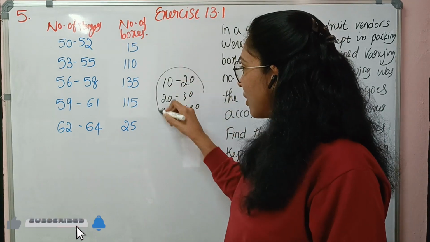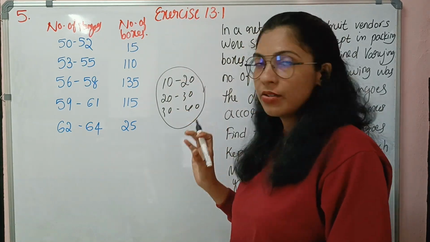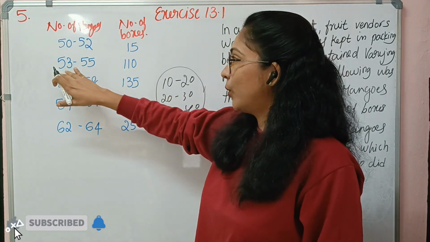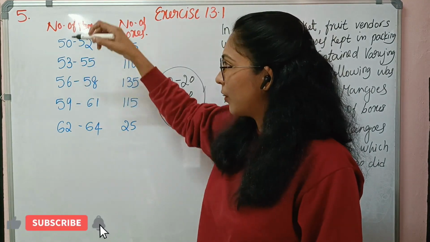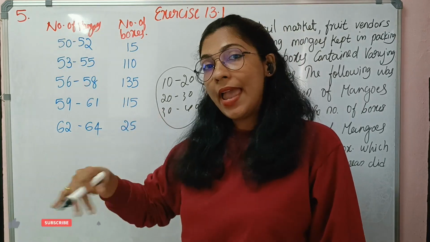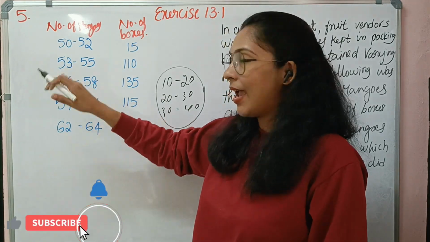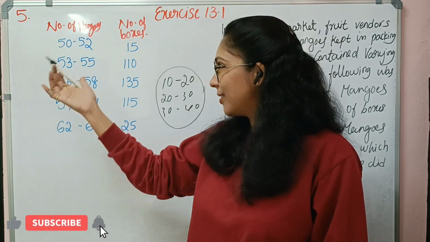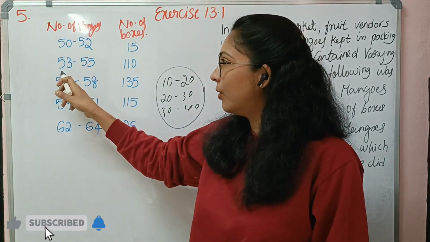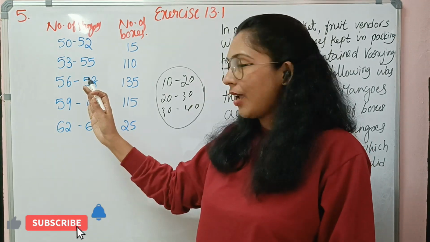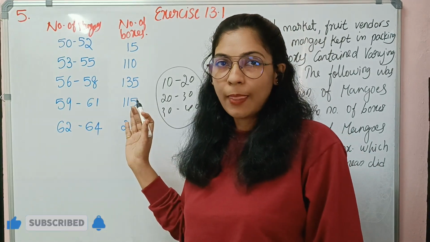These are the commonly given class intervals. But here the next class interval starts with the next number. That is 50 to 52 and 53 to 55 and so on. Can you get the difference?